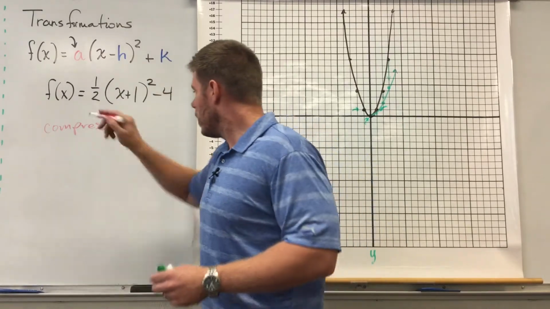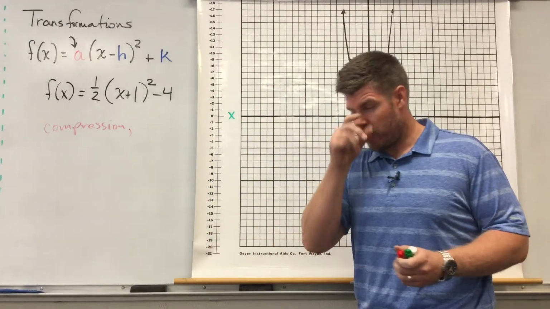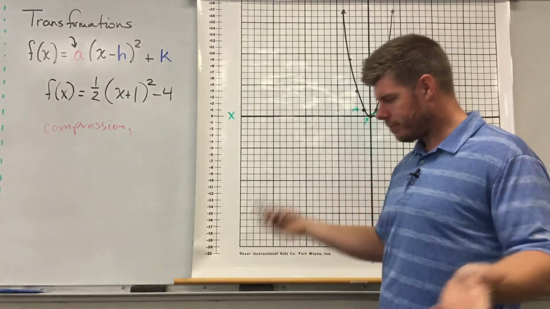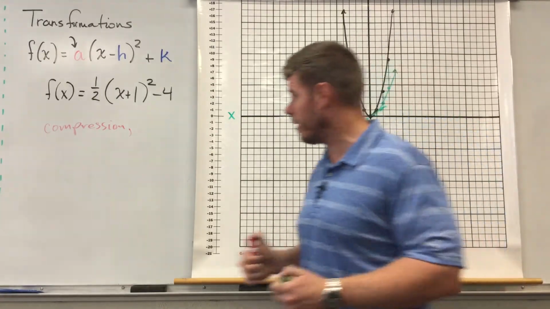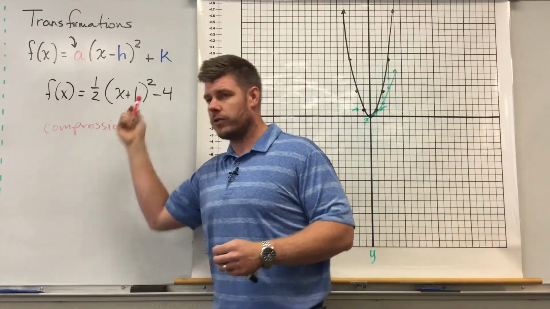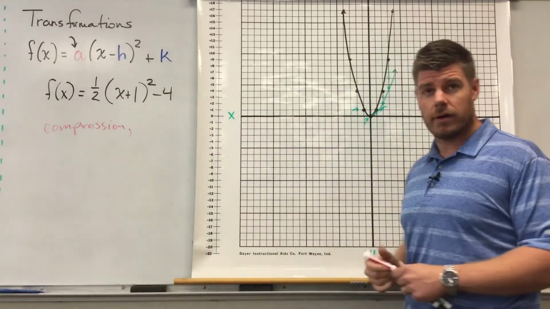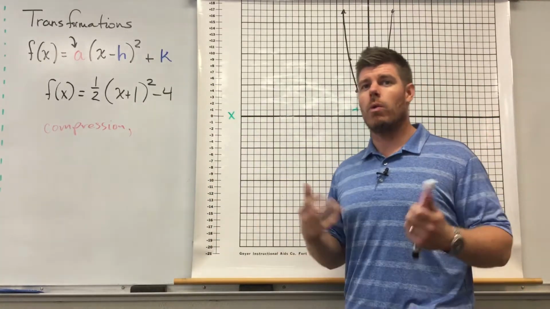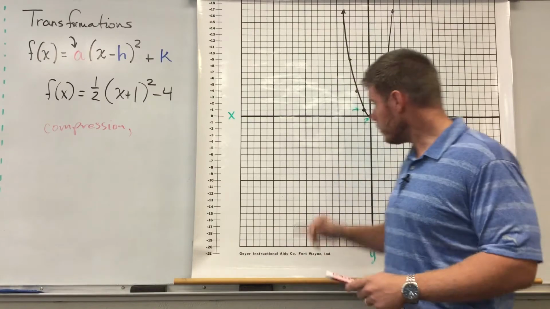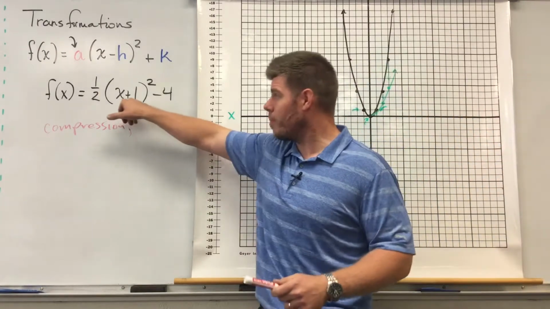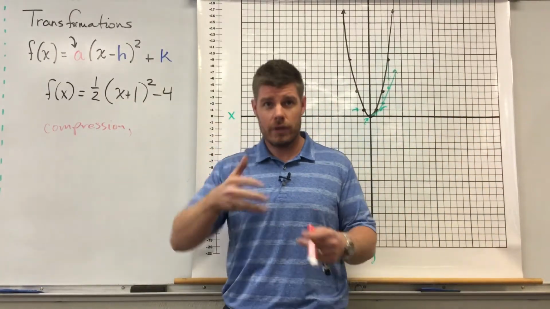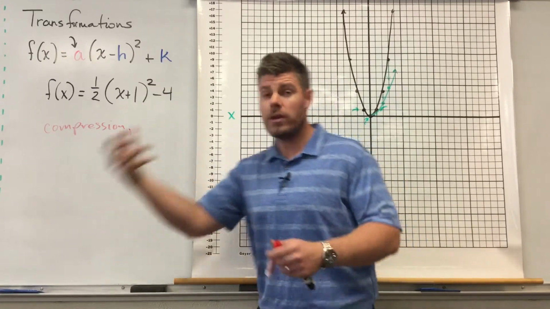Okay, the next thing I have here: are there any translations? So this is where we go back to this. You see this quadratic function, how it originally was centered at 0, 0. To figure out what happens here, I want this to go back to doing 0 squared.